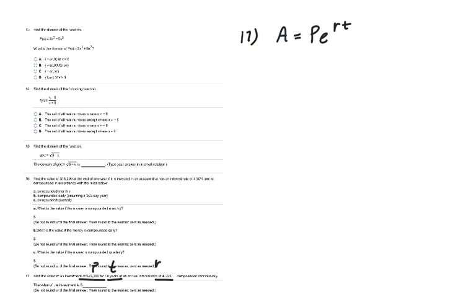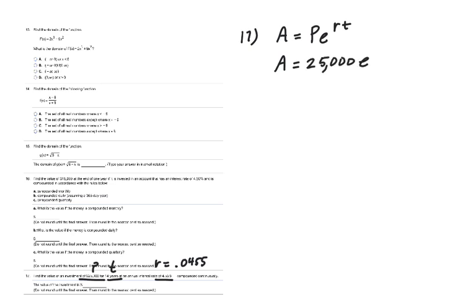Our interest rate, R, is equal to 4.55%, but we'll change it to a decimal, 0.0455. So you can just move the decimal to the left twice, or divide 4.55 by 100. And so here our accumulated value will be equal to 25,000 times E to the 0.0455 times 14.